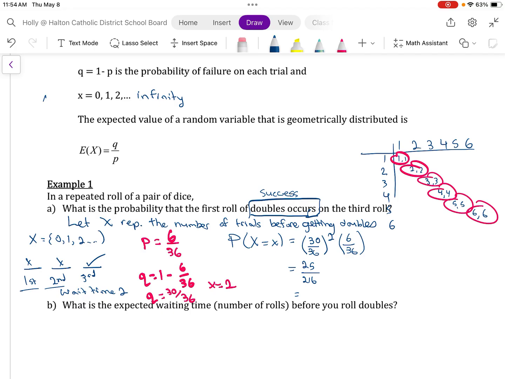This is probability, so I can divide that out. So I have 0.1157, which is approximately a 12% chance of getting the first doubles on the third try.